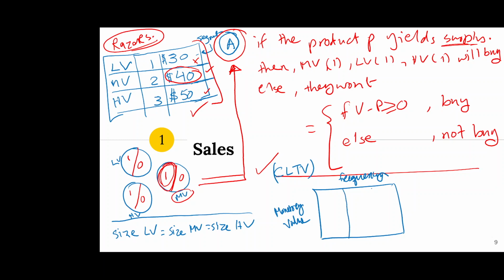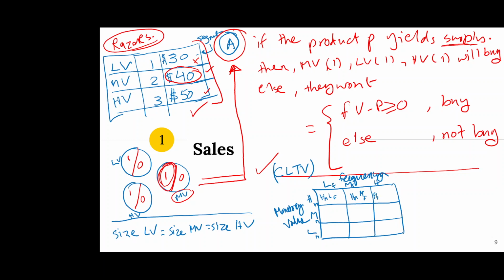So over here, since we have 3 different segments, that would be low, medium, high. Low money, medium money, high money, with low frequency, medium frequency, and high frequency. So this is high money, medium frequency.